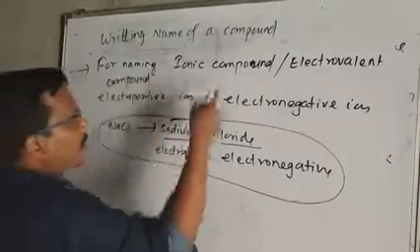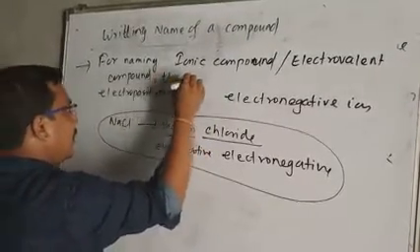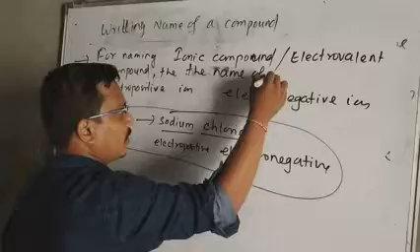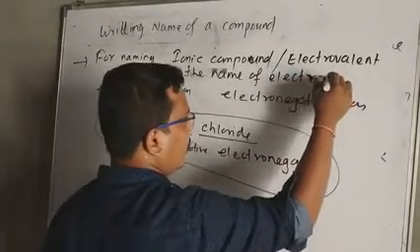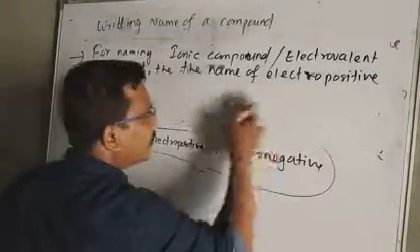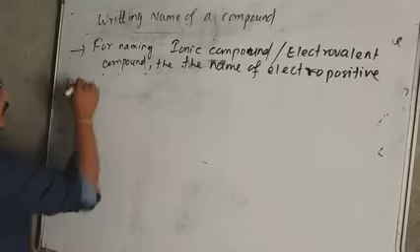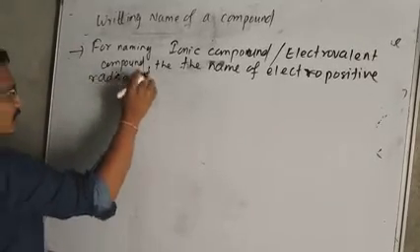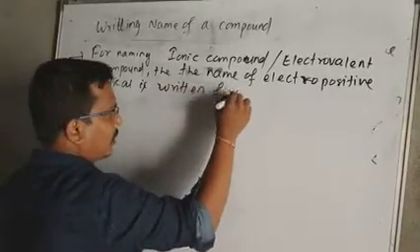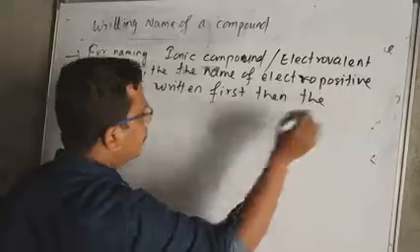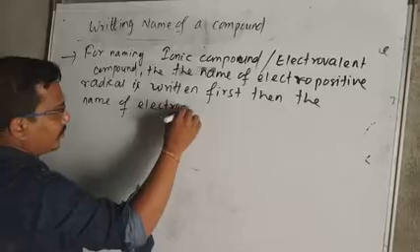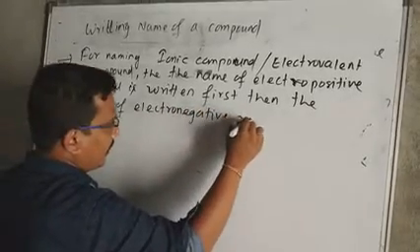So for naming an ionic or electrovalent compound, the name of the electropositive radical is written first, then the name of the electronegative radical.